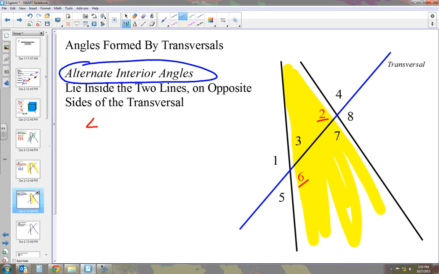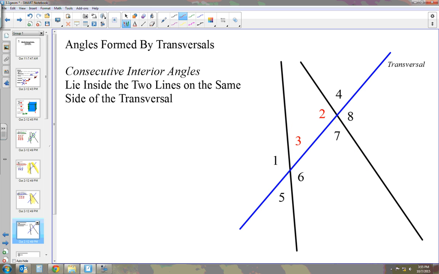So angle 2 and angle 6 are our alternate interior angle pair. And we have one more alternate interior angle pair, which is angle 3 and angle 7. So definitely looking at the words and knowing their meaning really helps us find their location in case you can't memorize these. Those are our key words, okay?